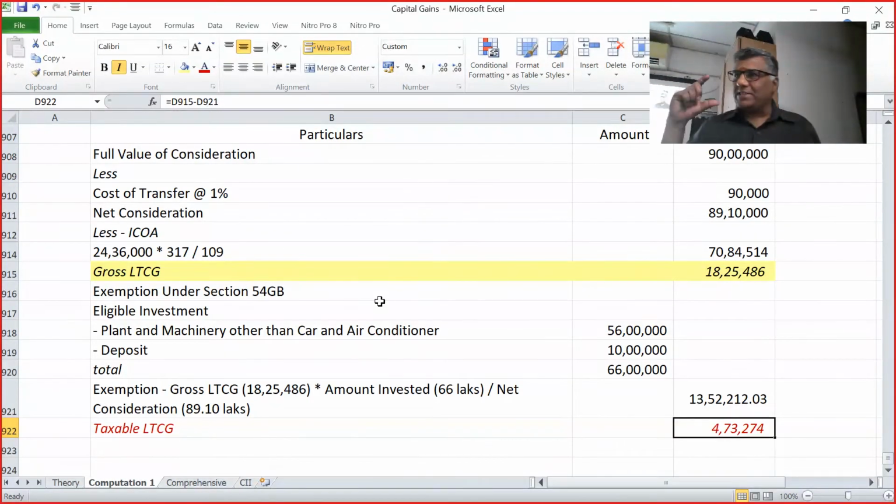A reference can be made to the valuation officer where there is a dispute as regards to the value. This is the chapter of capital gains, section 45 to 55A. We are going to do some more practical questions comprehensively and then go to theoretical understanding.